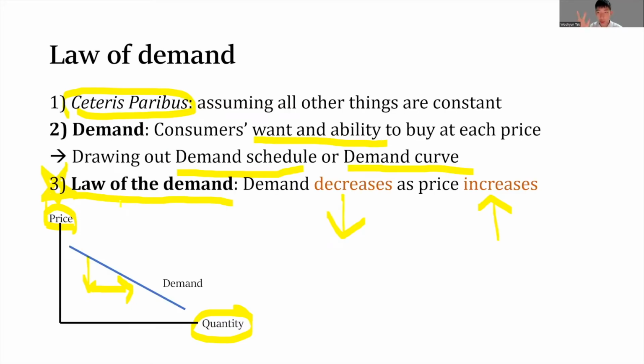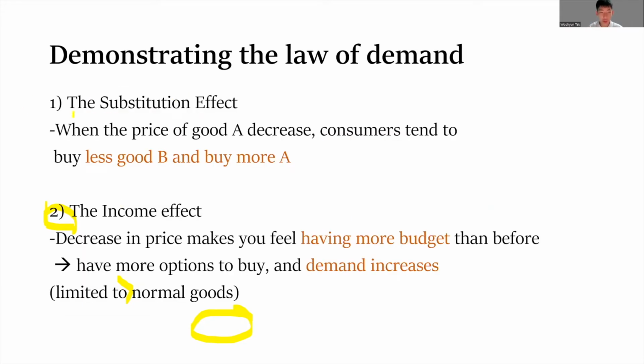However, there are three main factors to prove this law. The first effect is the substitution effect. It means consumers replace the consumption of high-priced goods with low-priced goods. For example, let's assume that apples and oranges can be replaced with each other.